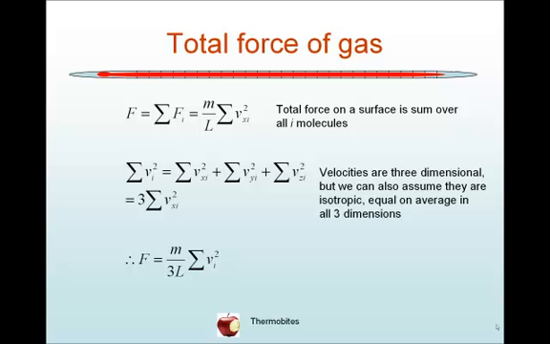And so the sum of the vi all squareds is equal to 3 by the sum of the vxi all squareds. And so we can replace vxi all squared in our summation in the equation at the top to calculate the force on a wall. And so the force on the wall is m on 3L by the sum of vi all squared, or rather the sum of the square of all the velocities.